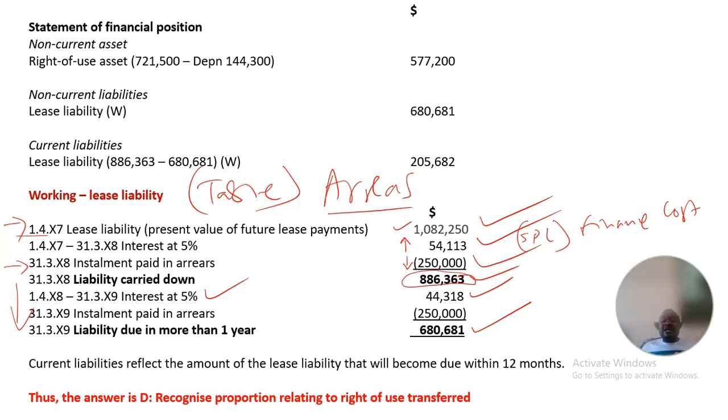So which one is our non-current liability and current liability? Obviously, this amount at 31st March 2029 is the non-current liability. So we recognize that amount at 31st March 2028 as a non-current liability.